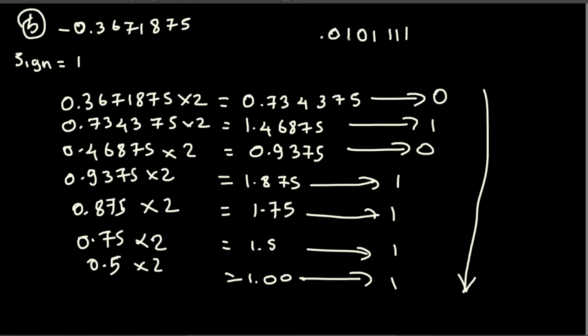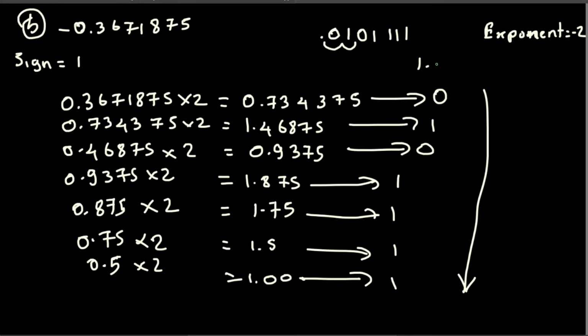Okay, this is the binary equivalent. To find the exponent, I have to see how many times I had to move the point to reach the position right after the first one. I move 1 time, 2 times. When I move 2 times, I reach here. Since I'm moving to the right, the exponent is going to be negative, minus 2.